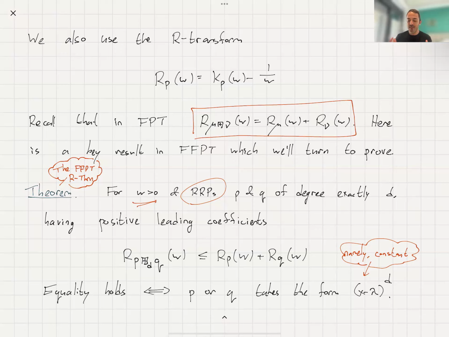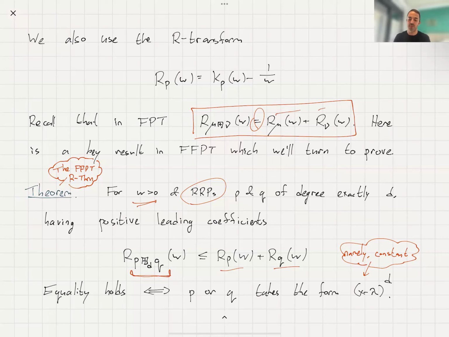Then the R transform of the additive convolution of P and Q, at any W larger than 0, is always smaller or equal, not equal here, but smaller or equal, that's good enough for us, than the sum of the corresponding R transforms.